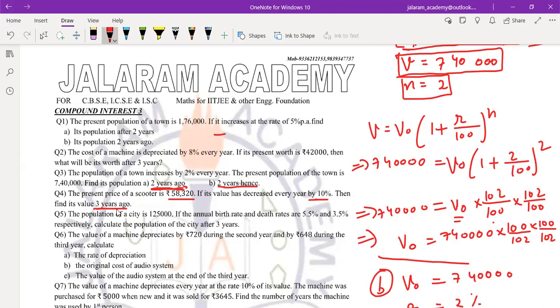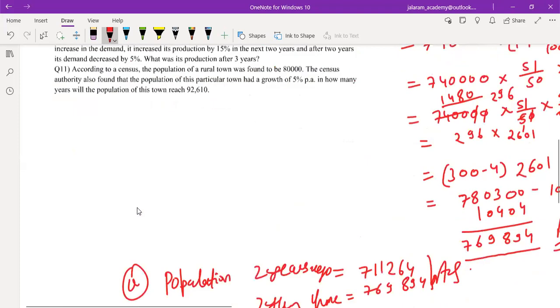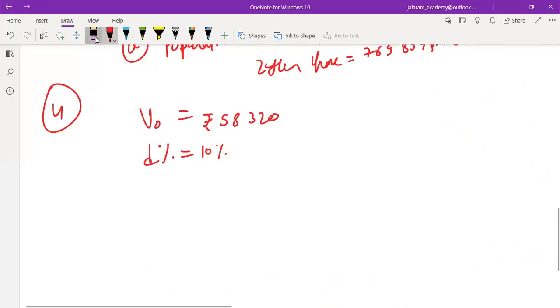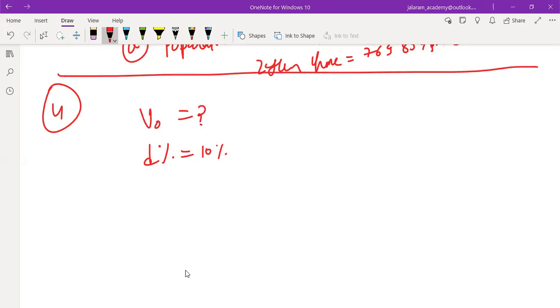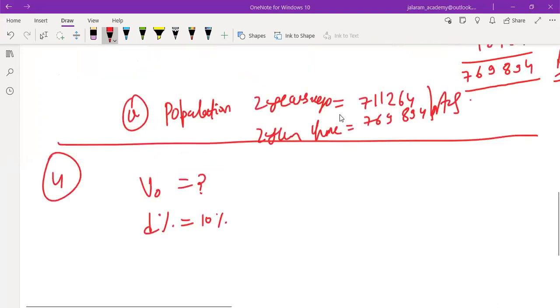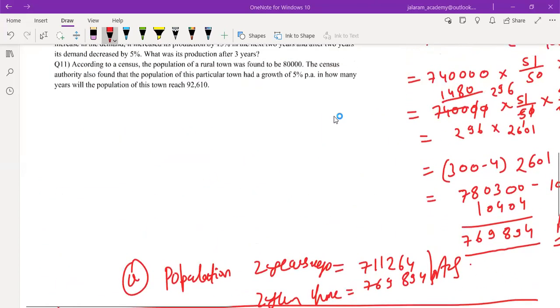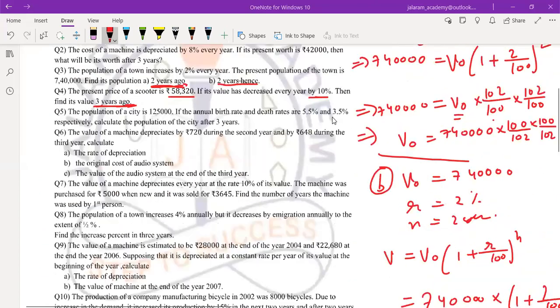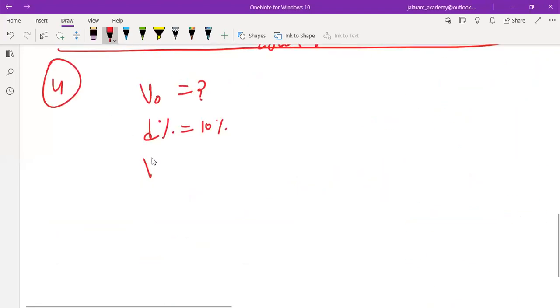Again, we have to find the value 3 years ago, which means this time V naught is unknown. We have to find V naught, the initial value. By mistake I had written it as V naught earlier; we have to find V naught.